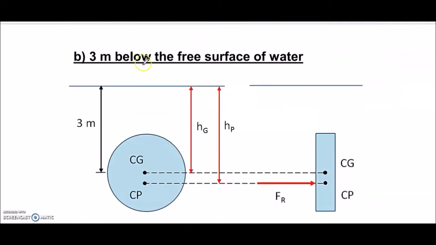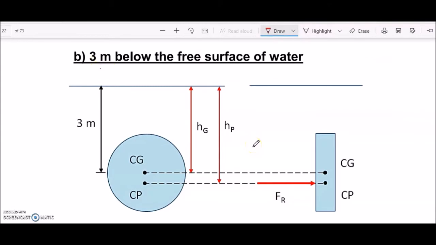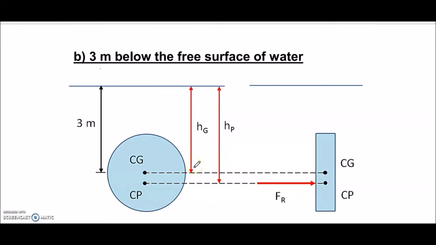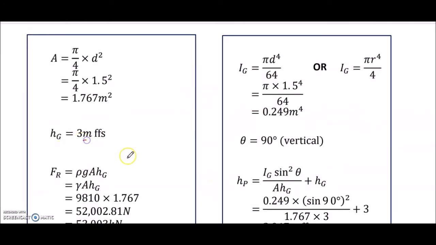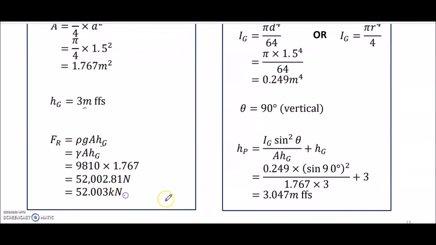Okay, so how about when it is 3 meter below the surface? You have to add 3 meter for the Hg. You know that 3 meter is the Hg, so you don't have to calculate anymore. You just put 3 meter directly into this formula, and you get the force.